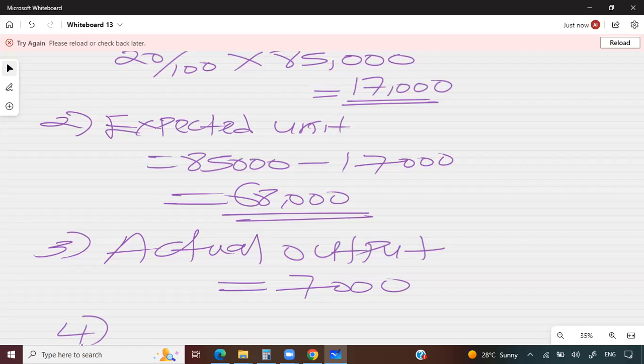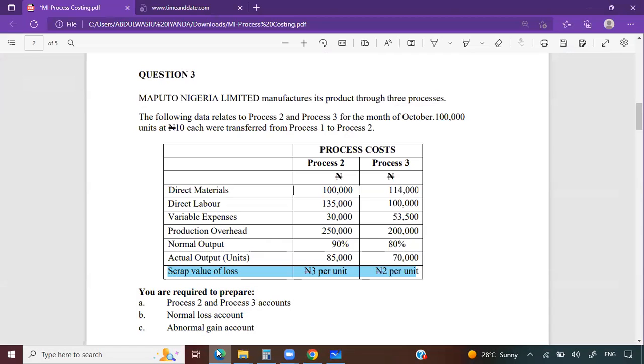Hello, sir. Yes, go ahead. Just to confirm, according to the question, I can see 80% and 90% for process 2 and process 3. But while we were doing the calculation, there's a subtraction of 100% minus 90%.